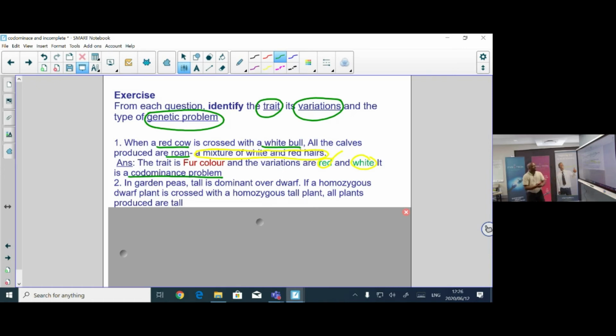Let's look at question number 2. In garden peas, tall is dominant over dwarf.